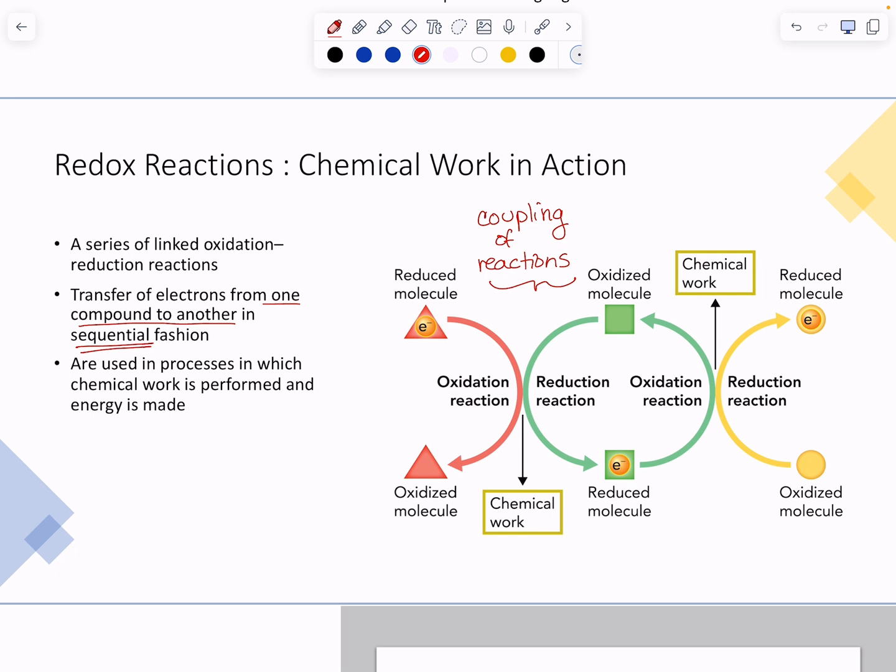Endothermic reactions need an energy input to get them to go forward. Maybe you have to heat it, or do something else to get it to go.